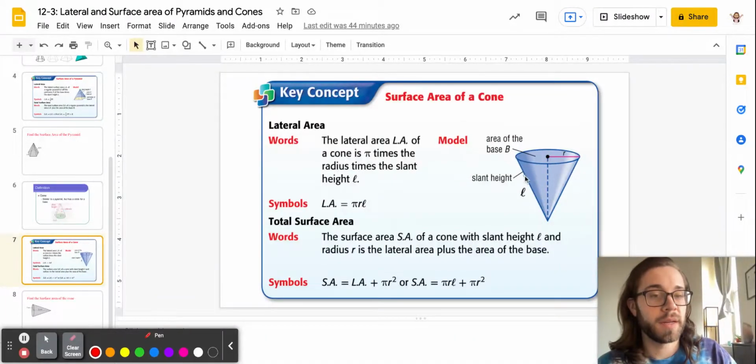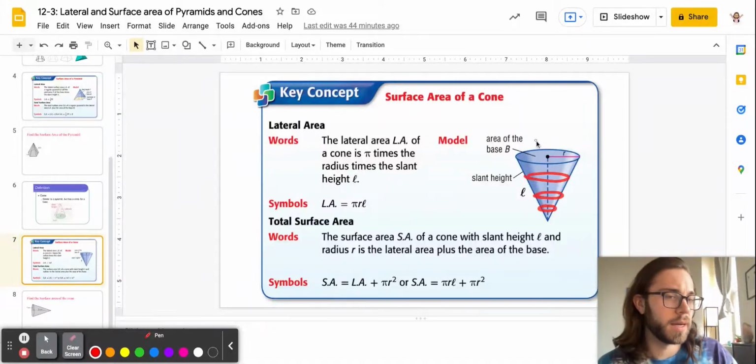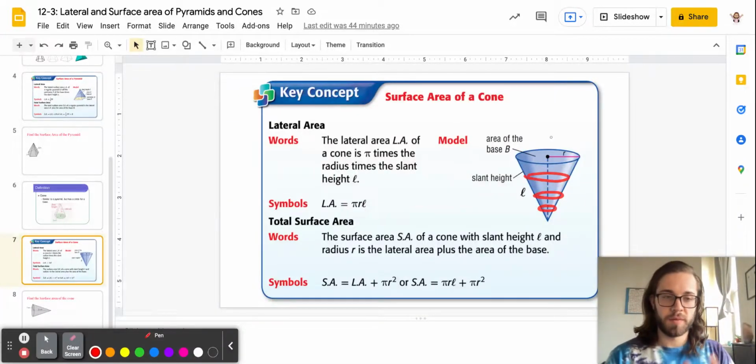And you can almost think about it as taking a bunch of these circles and adding them up. There are a number of proofs for cones that we're not going to directly look into in terms of where these formulas come from. But they usually involve a sector when you unfurl it, and you can break it down.